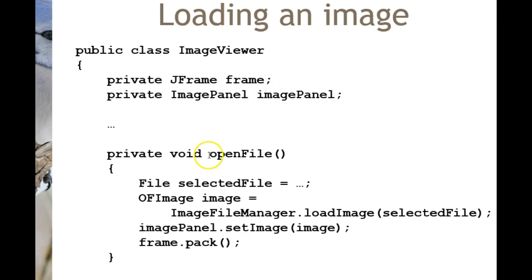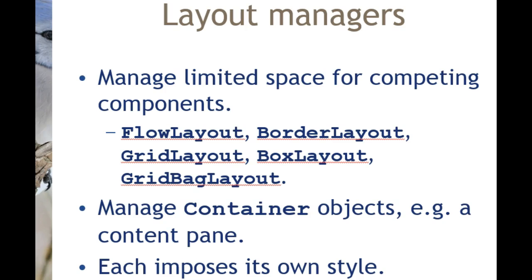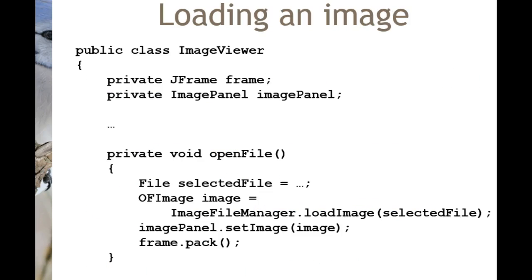So we open the file, that's the open function, which opens a file chooser to select a new image file. And that's what we're doing here. And then we can create the Swing frame and its components, and then load the image.